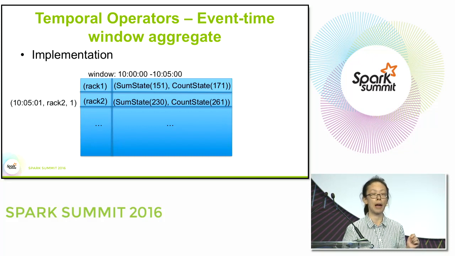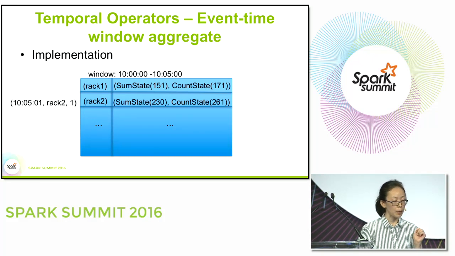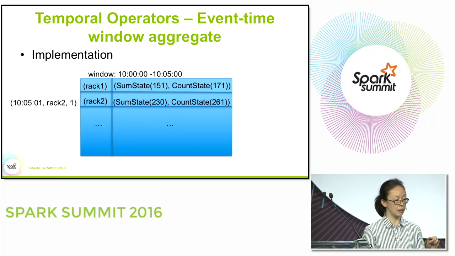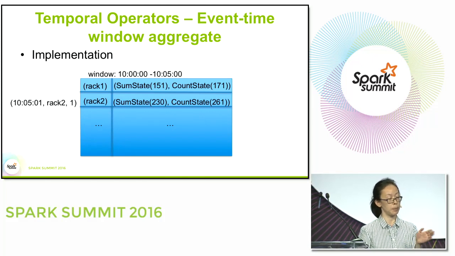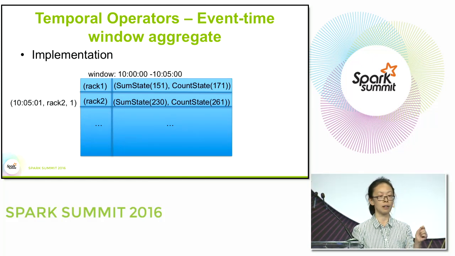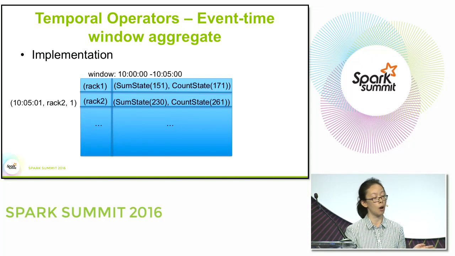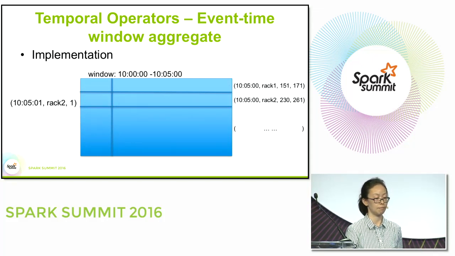So once the window aggregate operator gets this event whose timestamp is beyond the window range, it knows that we can close the current window and output the state. And then we can start a new window.